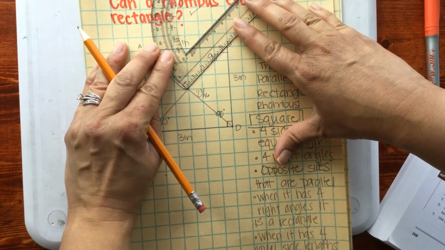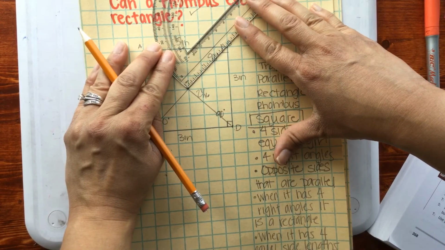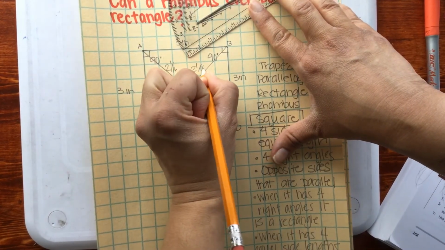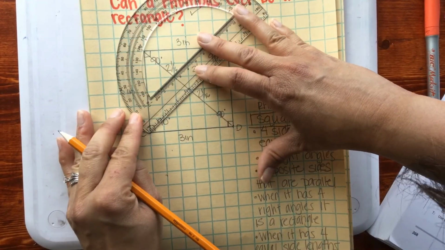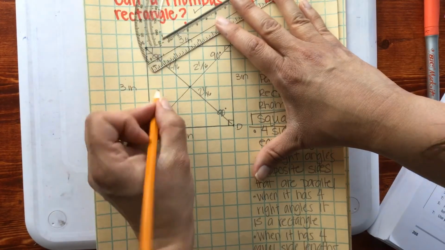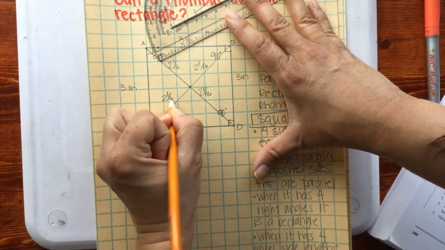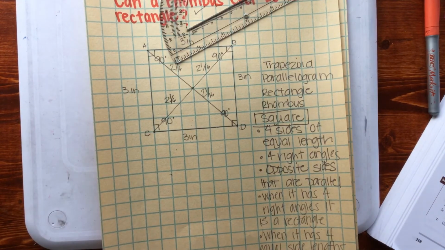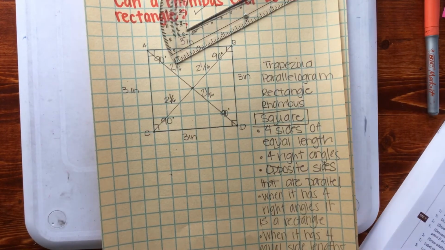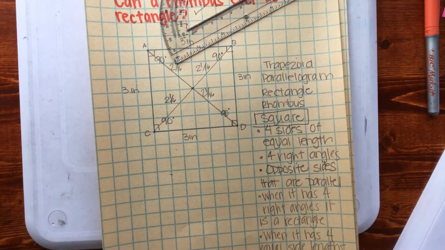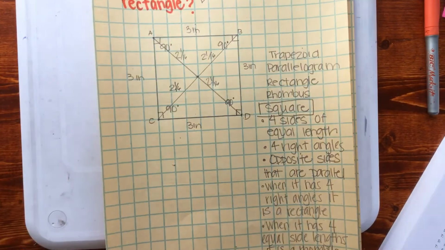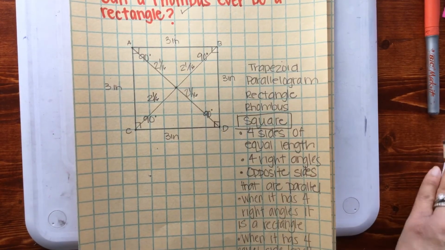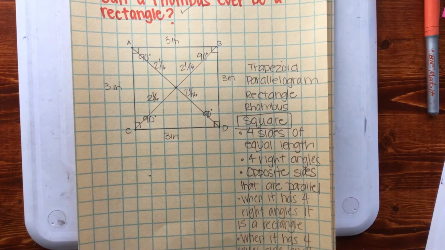So let's see if that holds true. 2 and 1/16. 2 and 1/16. So we've now just seen that in our square, our diagonals do bisect each other where they intersect.